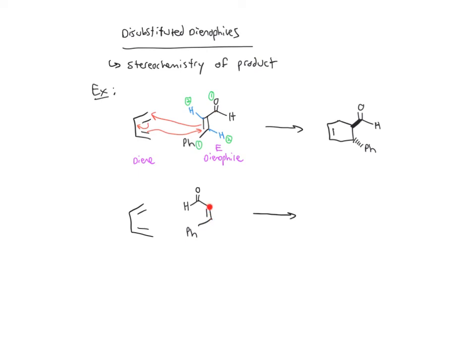We have the Z double bond down here, so we have a Z dienophile where our groups are now on the same side of the double bond. And so what that's going to mean is that in our product, they're going to be on the same side of the ring. So let's go ahead and draw that mechanism out.